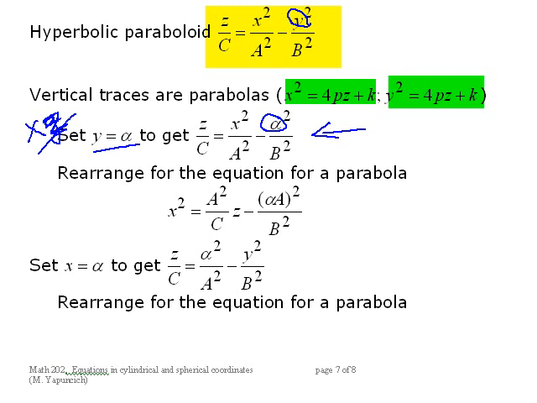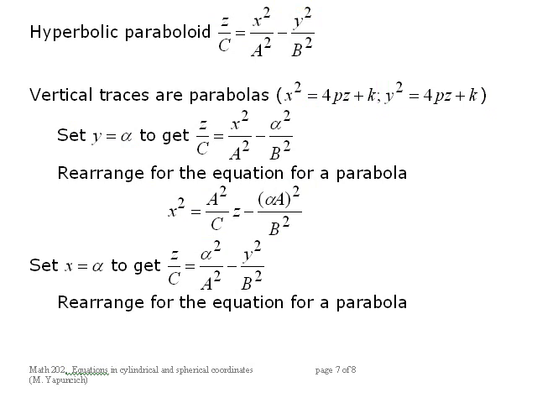I can break out the x squared, and now you can see here that this is in the standard form for a parabola. To get the vertical traces in the yz plane, I set x equal to some constant, put it in the equation, then rearrange it, and again you get an equation for a parabola.